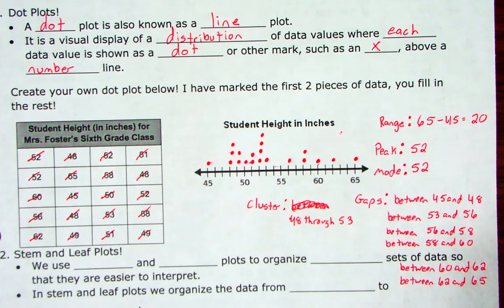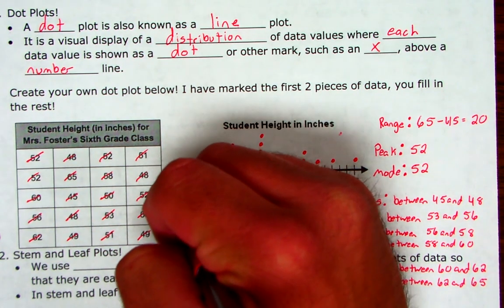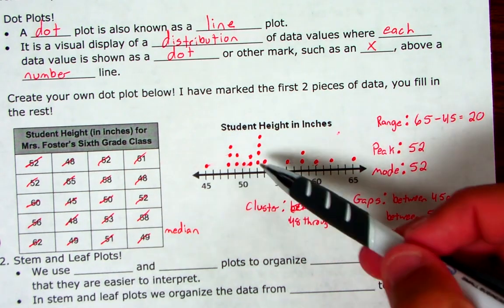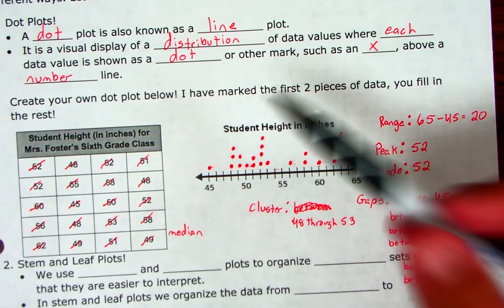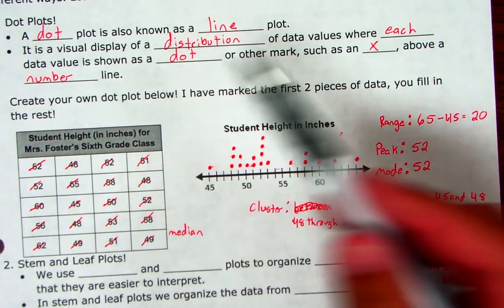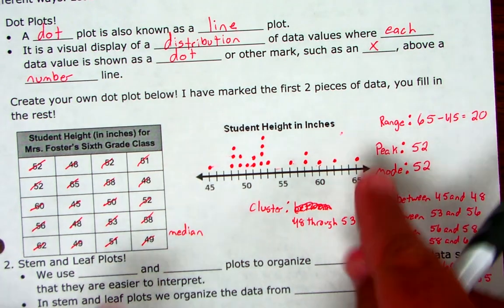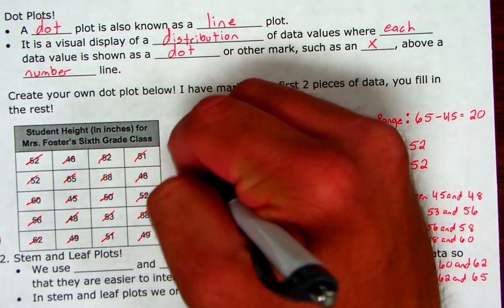Now, what happens if I ask for the median on the test, given a dot plot? Well, there's two ways you can do it. You can write out each one of these numbers, like 45, 48, 48, 48, and then take one off the front, one off the back. Or instead of doing more work, you can do that straight from the picture. And that's what I'm going to do here. One off the front, one off the back.